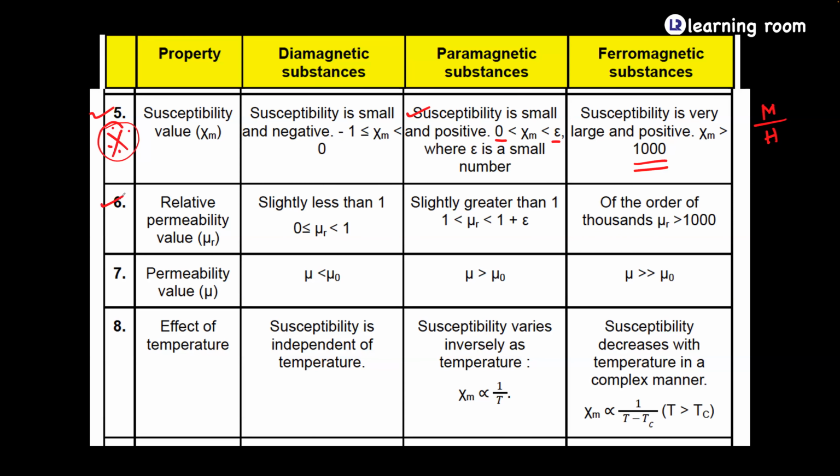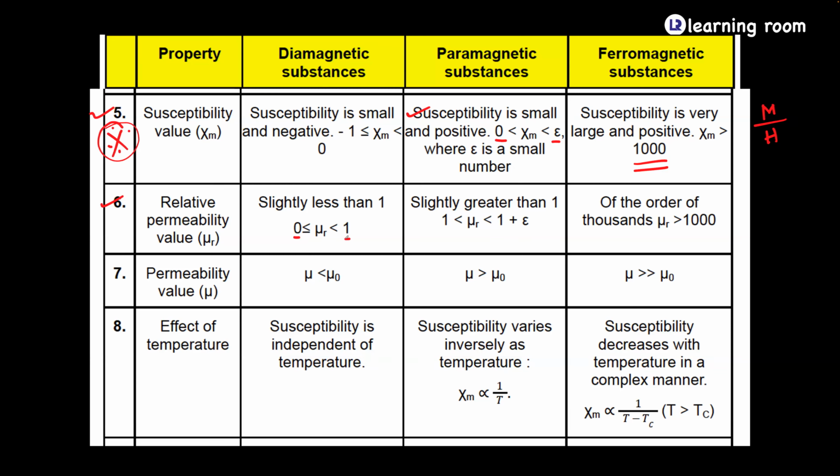Next. What about relative permeability? Relative permeability means the ratio of permeability of the material to the permeability of free space. Am I clear with that? So when I talk about a diamagnetic substance, it is going to be greater than 0 and less than 1.